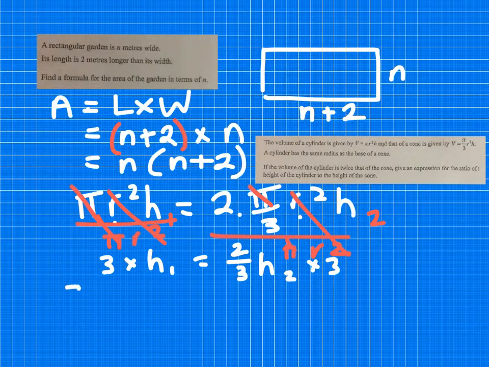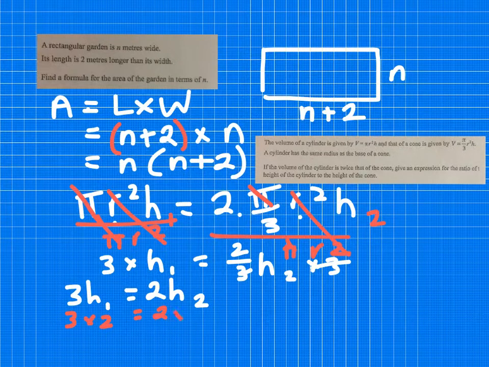So 3 lots of the height of the cylinder is the same as, this will now cancel out, 2 lots of the height of the cone. To make this equal, we could use the value of 2 for h1. So 3 times 2 is equal to 2 times 3.